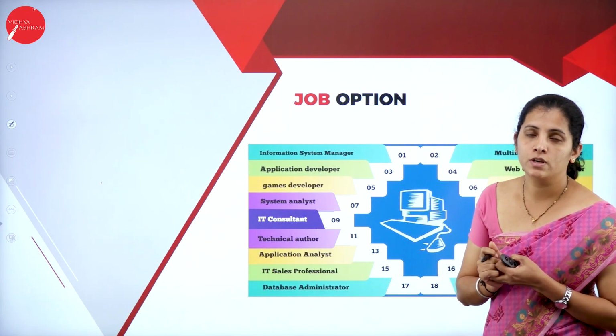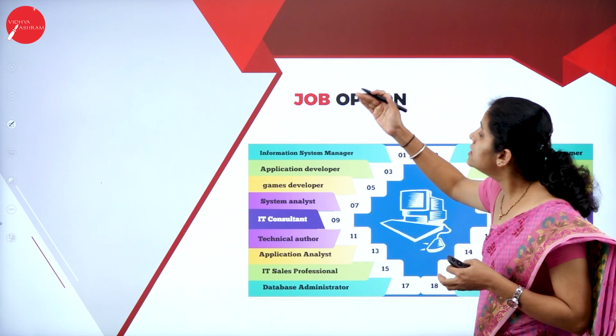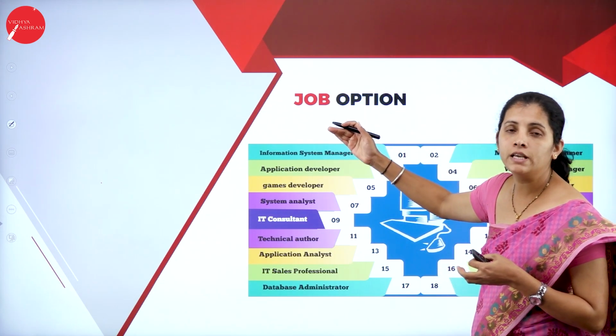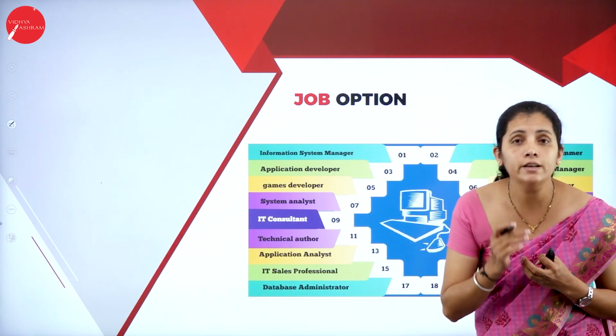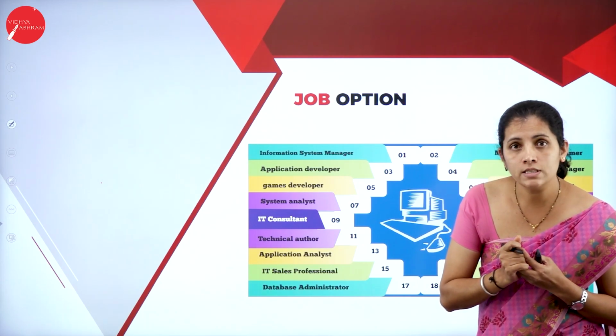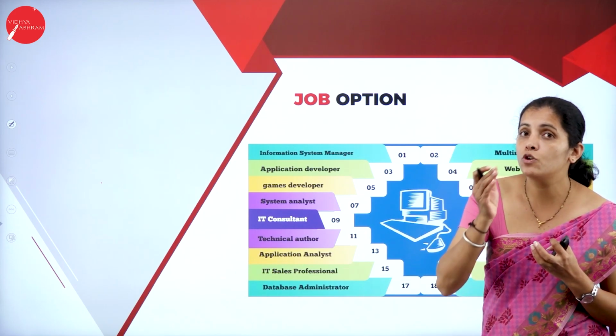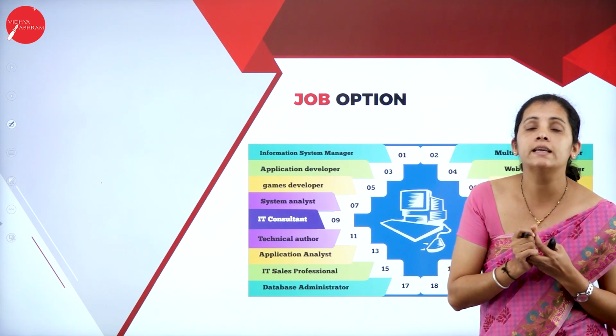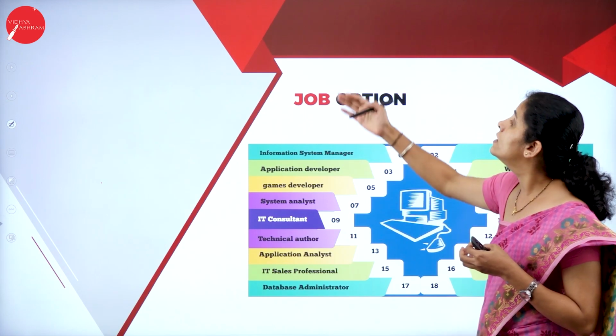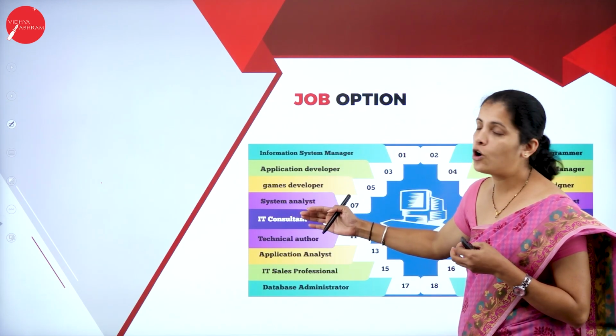So here I must know the programming languages, along with the different domains of computer science. If I'm thorough with all the programming languages as well as domains of computer science, then I can select any one of the jobs here.